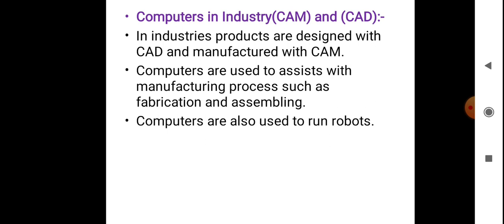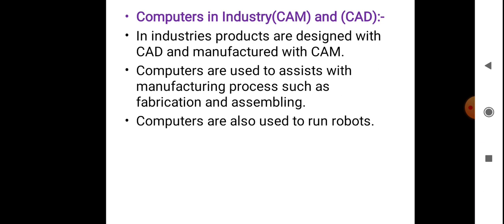Next, computers in industries, like CAM and CAD. Production industries use computers with software called CAM software and CAD software. CAD software is used for designing the products, and for manufacturing they use the CAM software.